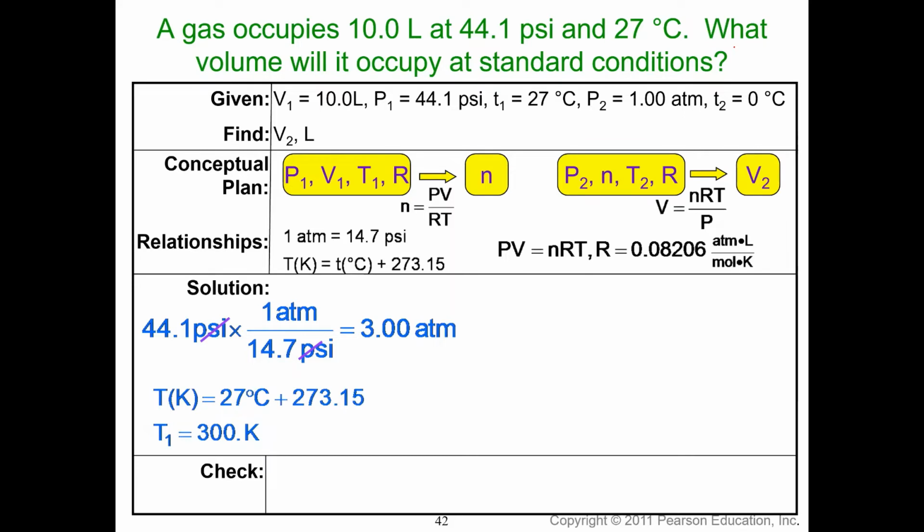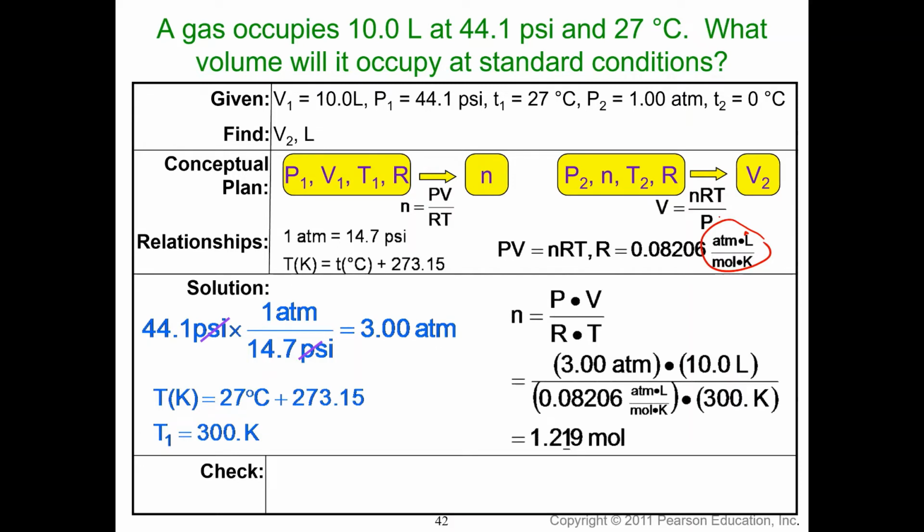We should do the routine conversions. Because we are using this formula, we need to have pressure in atmosphere and the temperature in Kelvin. Now you put in this formula to find the number of moles. You can take this number of moles, as I said, put it in this formula to find the volume, or you can use molar volume conversion.